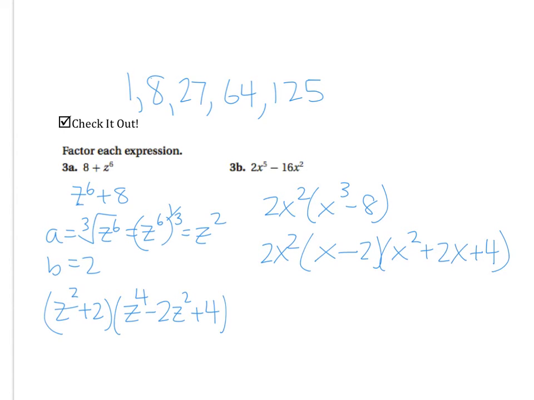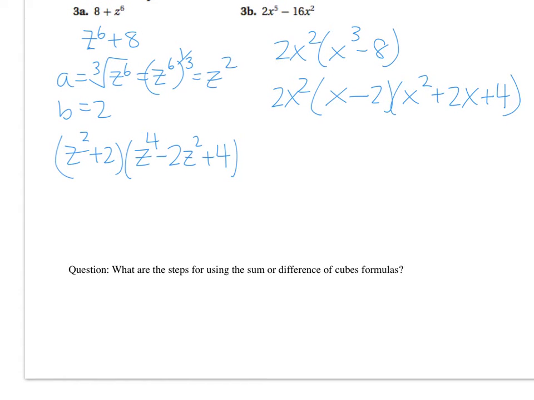Okay, as far as what are the steps using the sum or difference of cubes formulas, you just have to remember that: take the cube roots, the same sign, square that term, opposite sign, multiply the two together, always a plus, and then square the last.